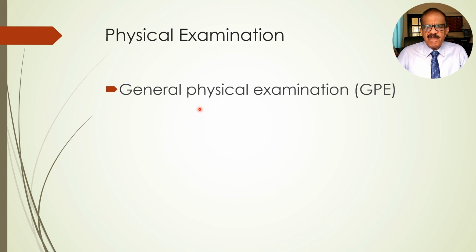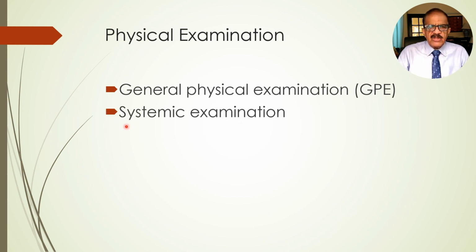Then comes systematic examination, or systemic examination. Systemic examination means that you examine every system. We have arbitrarily classified the body into different systems. Although the body is one whole, one functional unit, we have divided it into different functional units to do the examination.